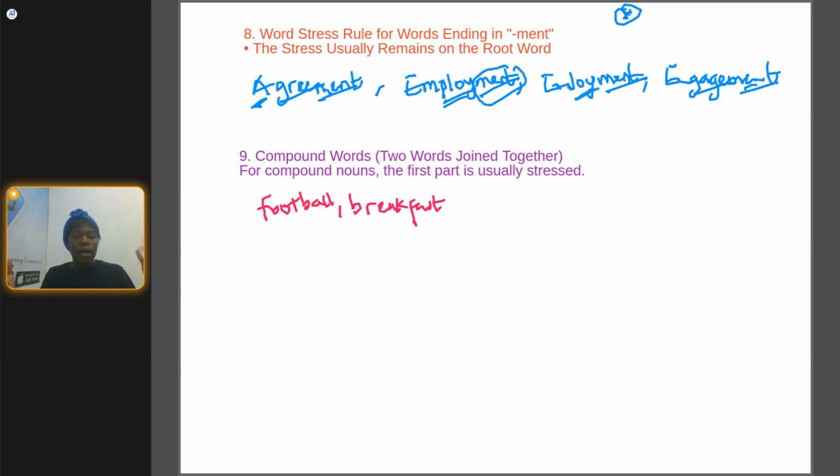Break and fast coming together to form one word is breakfast. So we have football as a compound word, which is a noun because a football is a noun. Breakfast is a noun, that's a name for something. So since they are nouns and they are compound words, just know that the stress is on the first part of the word. The first part for football is foot. The first part for breakfast is break.